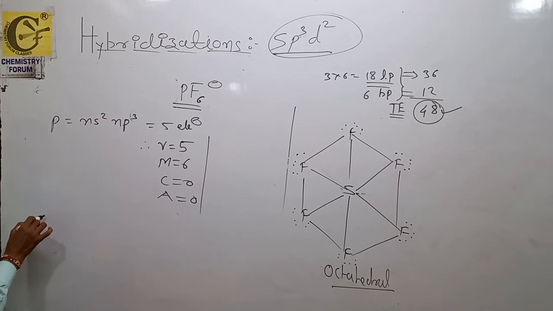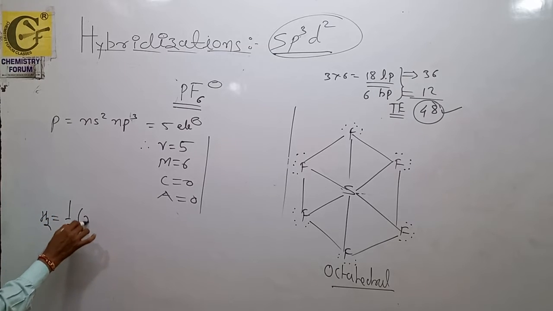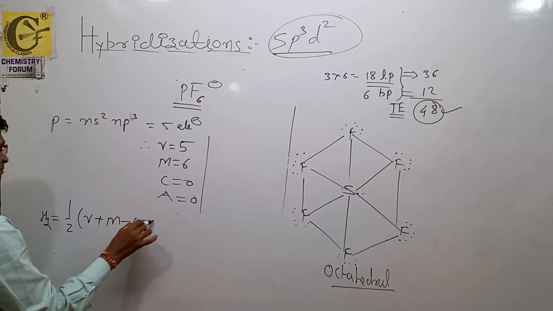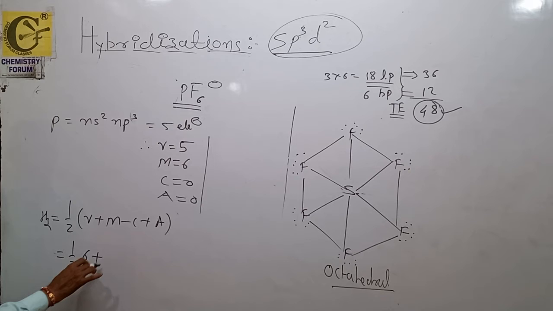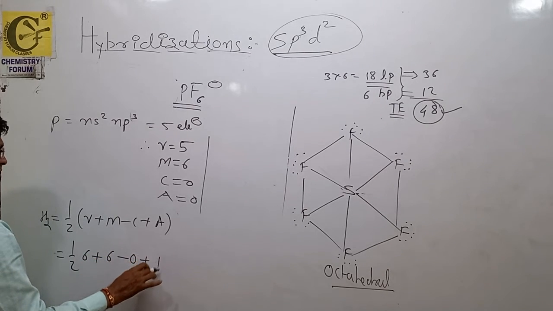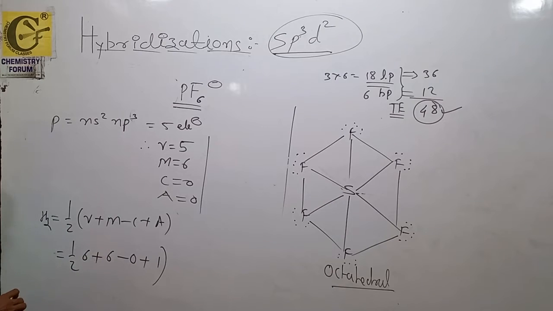So what is the hybridization? Hybridization is equal to half of V plus M minus C plus A. This is the formula. Valence electron is 5, plus monovalent 6, cation 0, anion 1.